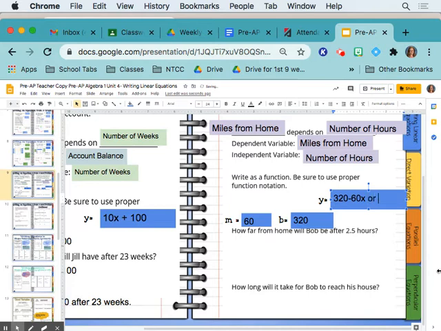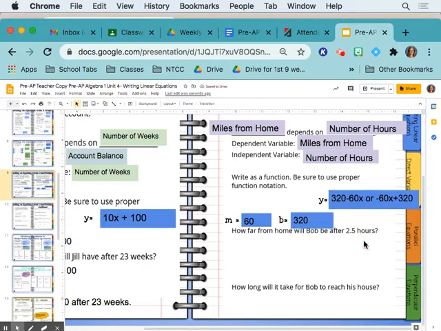to do it in mx plus b form, it'd be because our rate of change is negative 60x plus 320. So our rate is a decrease of 60 per hour, and our initial amount is 320.